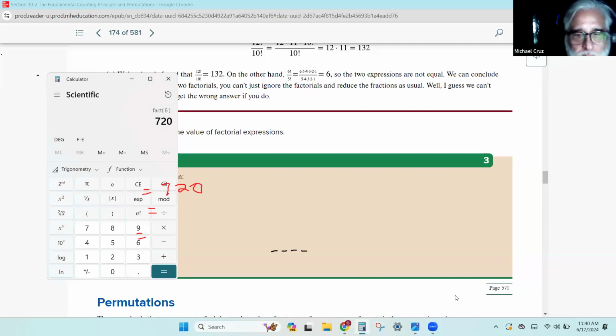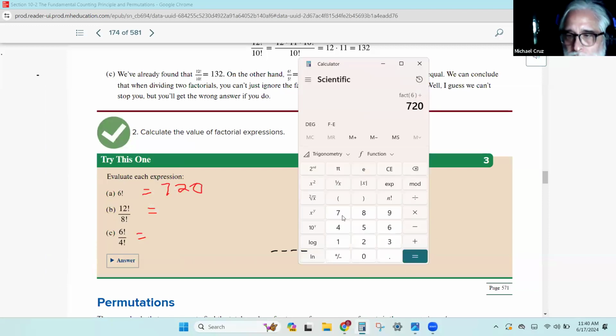And at the bottom, 4 factorial. See how huge a number it gets real quick.